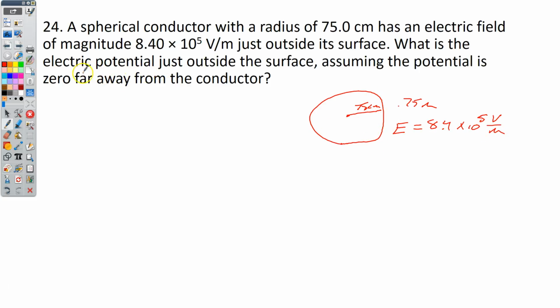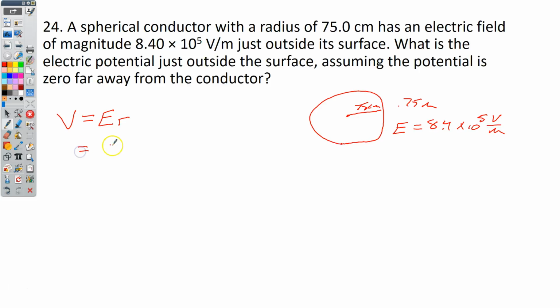They want to know what's the electric potential just outside the surface, assuming potential is 0 far away from the conductor. So this is the electric field. They want us to find electric potential. We know that for a sphere, the electric potential is just equal to the electric field times the radius of the sphere.